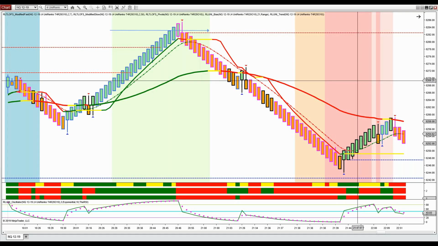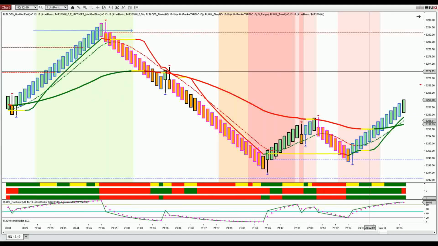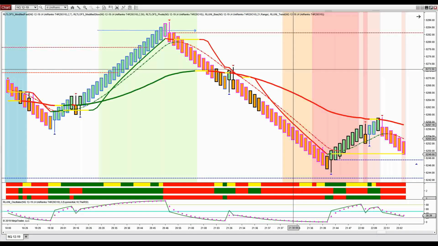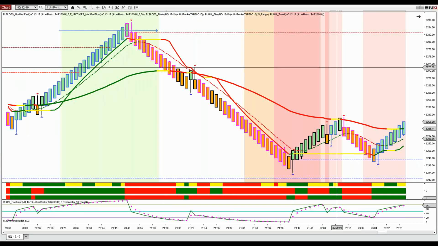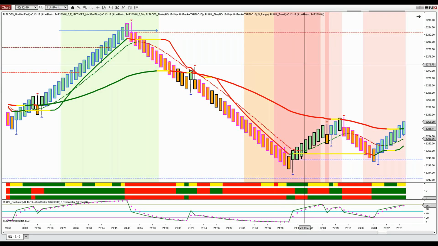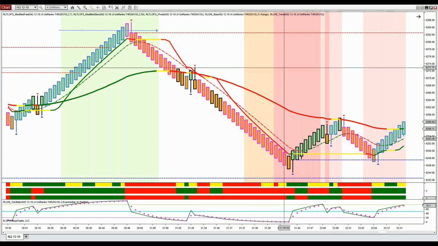Now, there are different powers of down and up. You'll notice there's this bisque color, that's a down color. Light pink is a down color. The dark pink is the strongest downtrend. And if I had time here, I would show you what this represents in terms of those two higher time frame alignments.